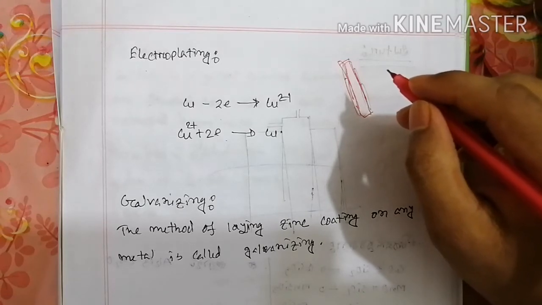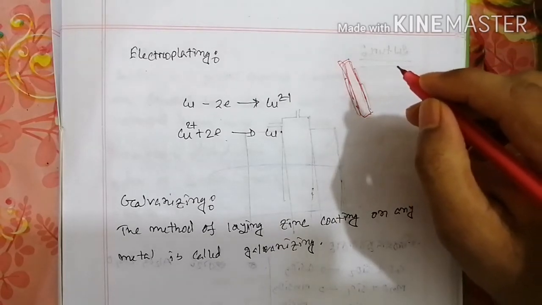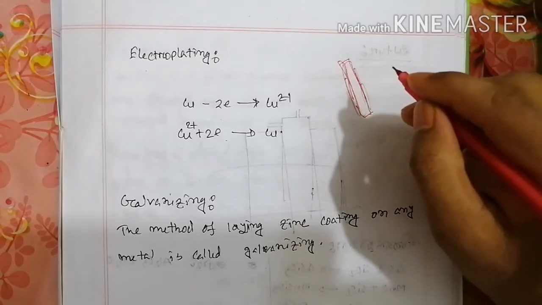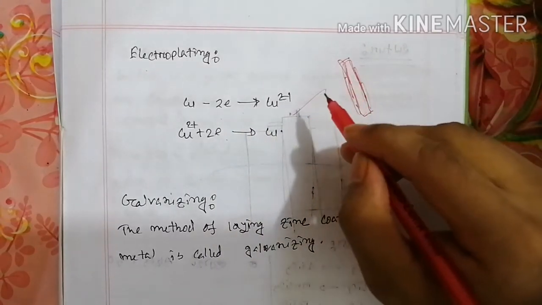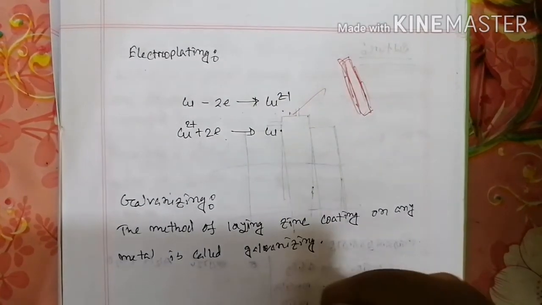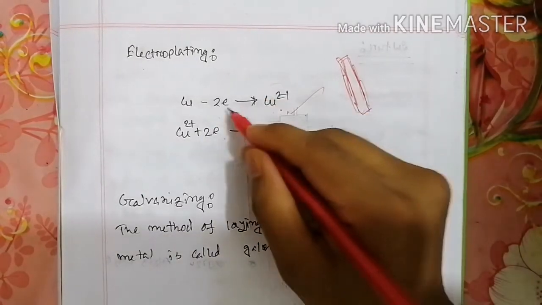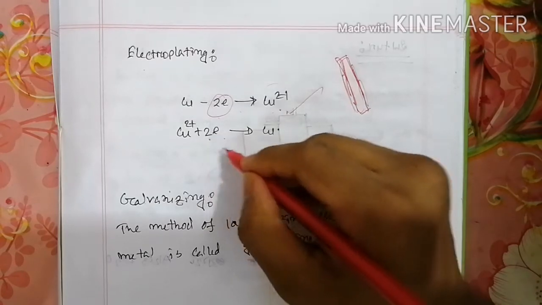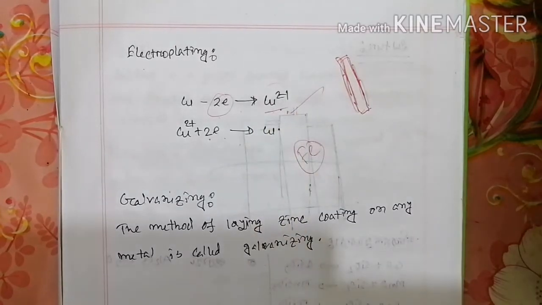For example, coating iron with copper: in copper sulfate solution, the copper rod is connected with the positive terminal while the iron rod is connected with the negative terminal. As current is passed through the cell, copper donates 2 electrons and oxidation occurs. These 2 electrons are taken by copper ions in the solution, forming copper that attaches to the iron rod. That means the iron rod is coated by copper, and this iron lasts for a long time.